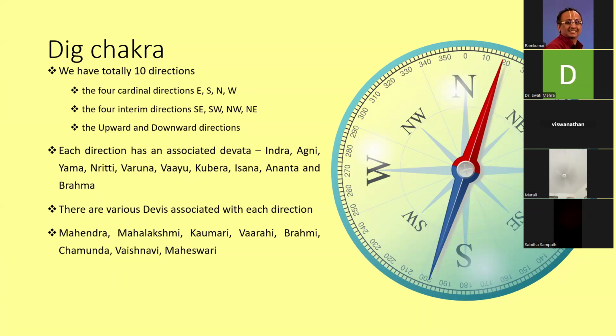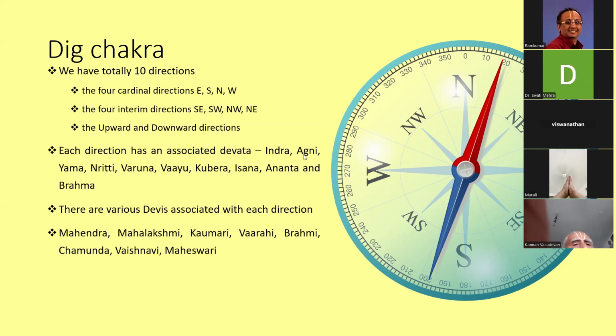You all know that each direction has an associated devata, right? For example, east has Indra, southeast Agni, south Yama, southwest Niriti, west is Varuna, northwest is Vayu, Kubera is north, Ishana is northeast. What is up?